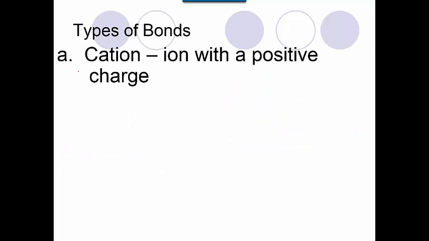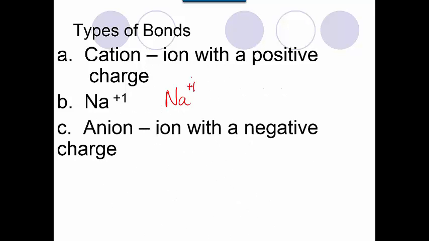Some other vocabulary. A cation. A cation is anything with a positive charge. So you're going to see, for example, sodium. And you'll see the charge written kind of off to the right-hand side and up. So it's not really right beside it, but it's a little bit up and to the right. You also have negative ions, and they're called anions.